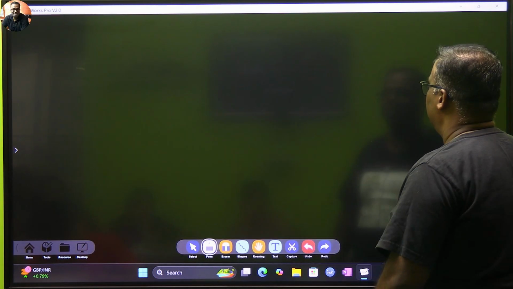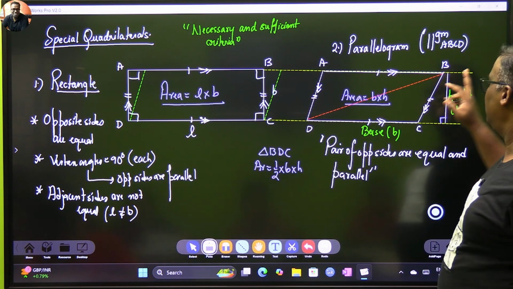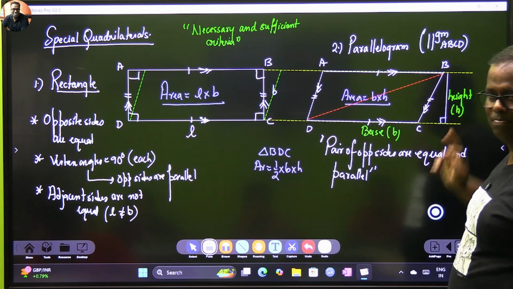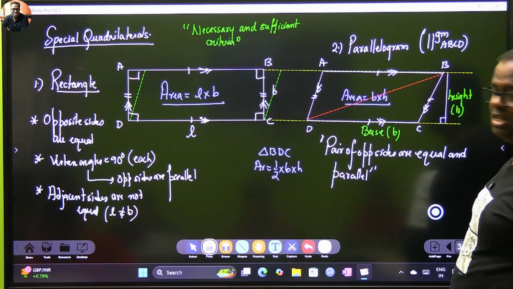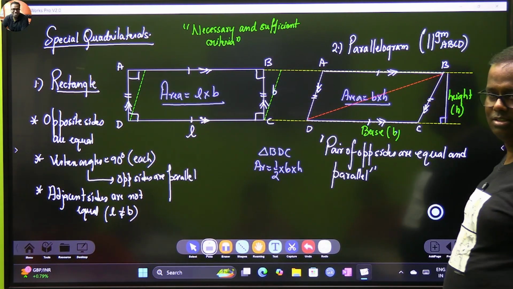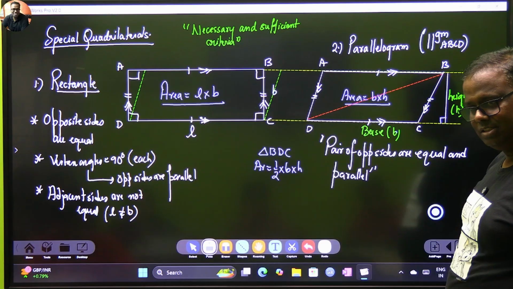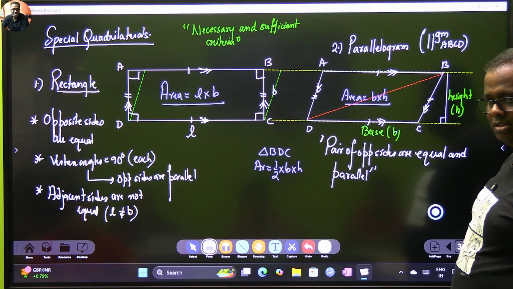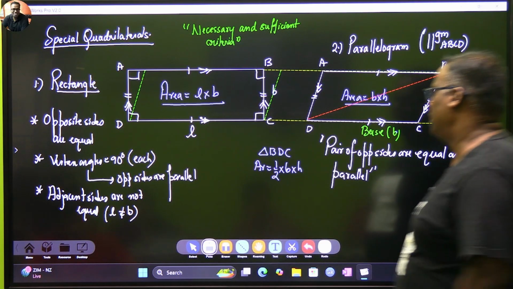Right. Let's go back. Now try to look at this triangle BDC. What is the area of BDC? Half into the base into the height. Agreed? Clear? Okay.